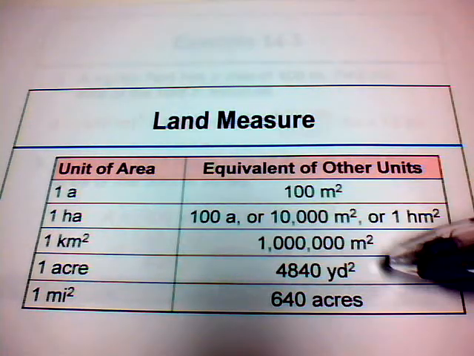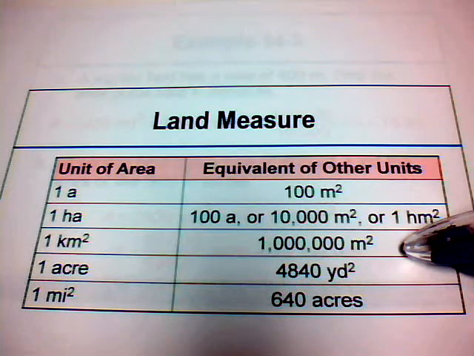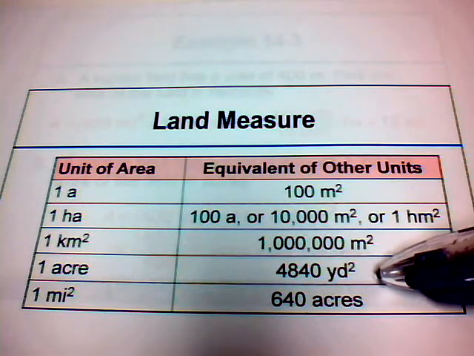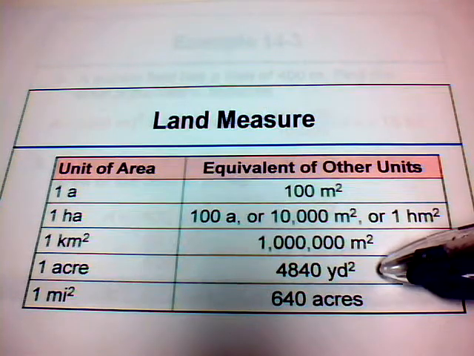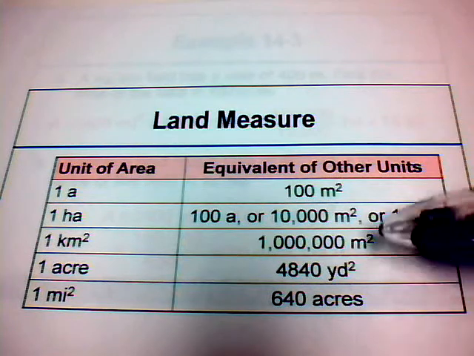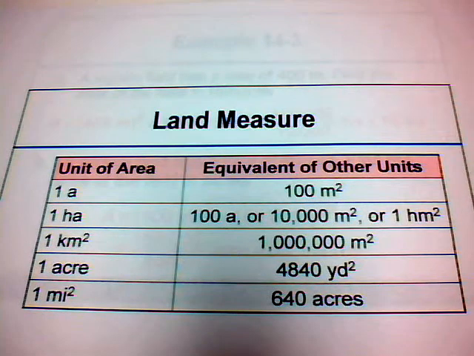And then 1 square kilometer is going to be 1 million square meters, like we talked about with one of the examples. 1 acre is 4,840 square yards, and a square mile is 640 acres.